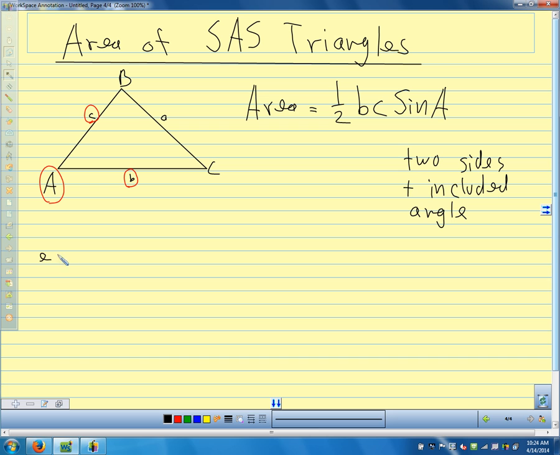All right, so let's look at an example using this rule. This is a nice rule. Usually when you can use this one, it's very quick, it's very easy. This rule comes from the law of sines. So another little tie back to something that we talked about already. So here's my triangle.